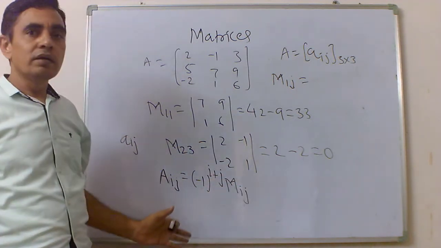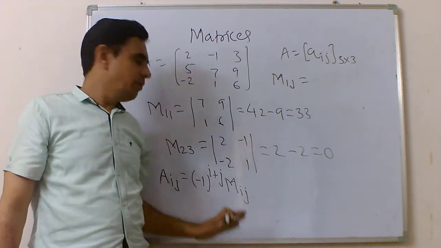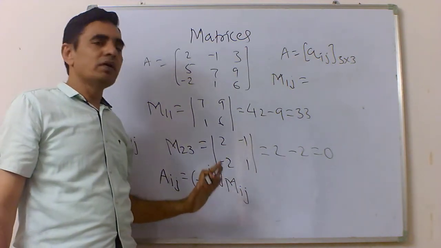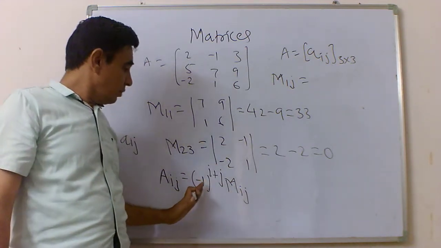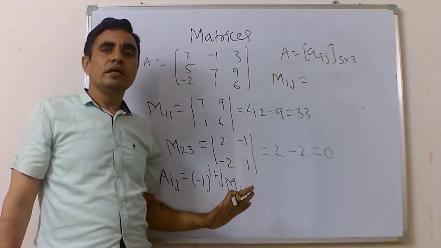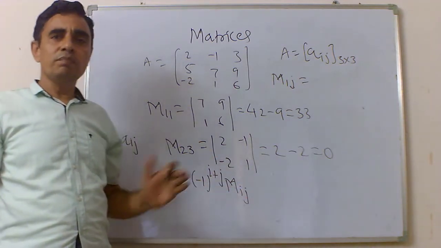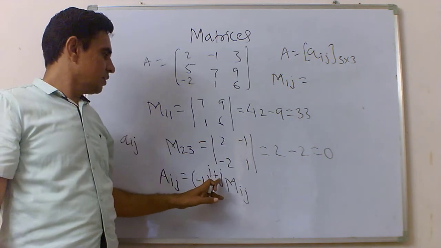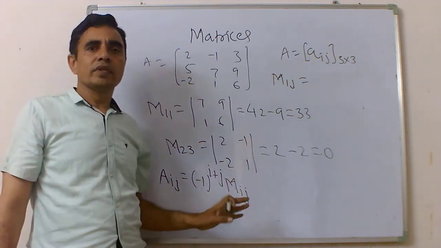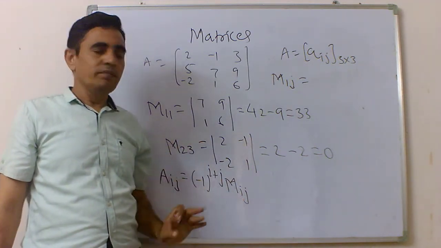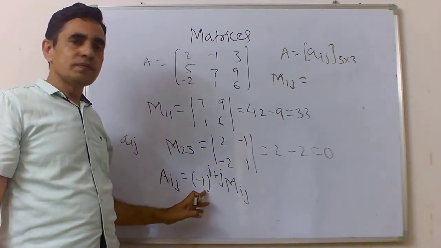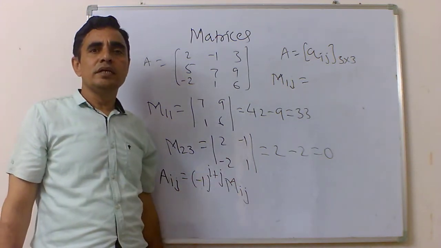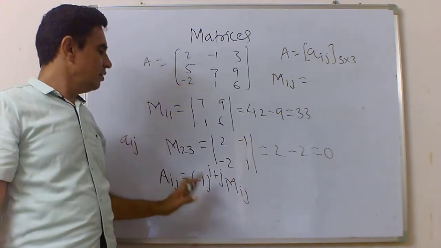Means the minor of the element is multiplied by (-1) raised to power i plus j. So (-1) raised to i plus j gives the value minus 1 or plus 1. If the summation i plus j is even, then it is plus 1, and if the summation i plus j is odd, then it is minus 1.